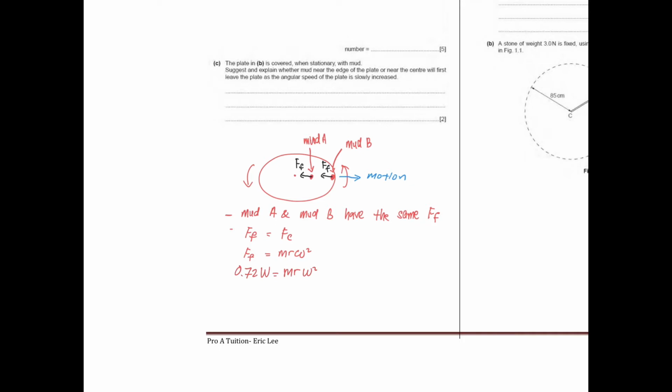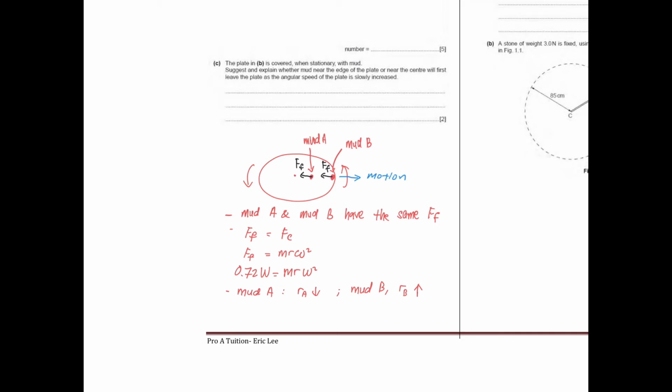Now, the difference between mud A and mud B is mud A has small r. So mud A, RA is small. Mud B, RB is bigger. So they have a difference in radius.